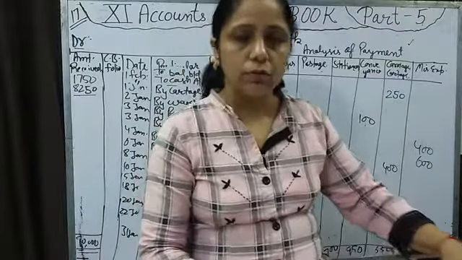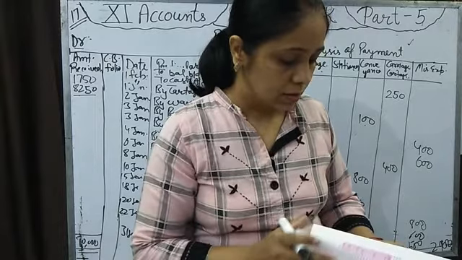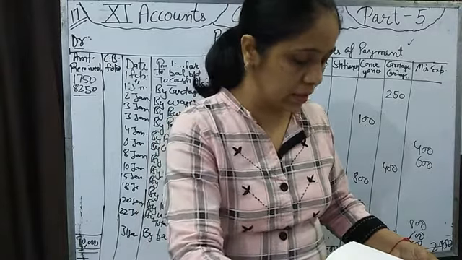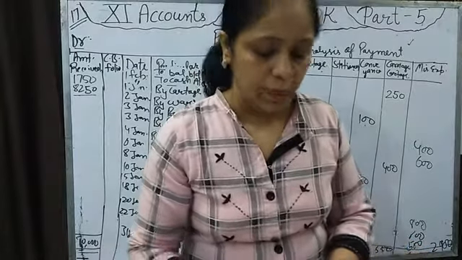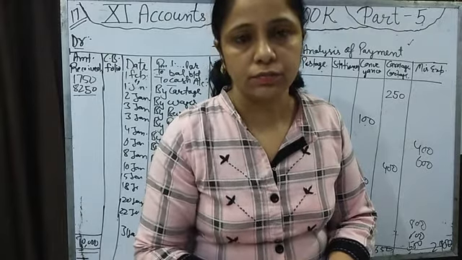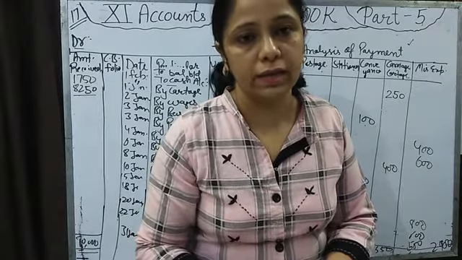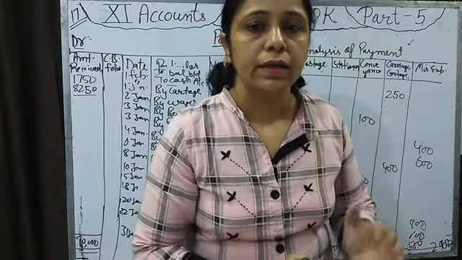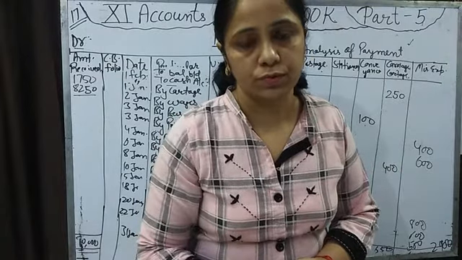Only 3-4 questions are there in your book, so you should complete 15, 16 and 17. Only 3 questions are there in your book on the petty cash book. So today your homework is to complete those 3 questions. Okay, then next week on Monday there will be a test of this full chapter, cash book.